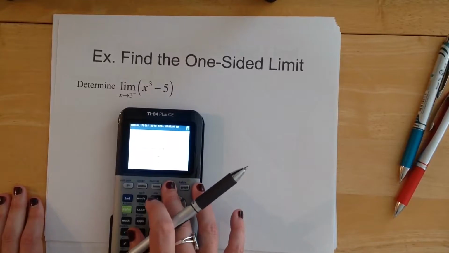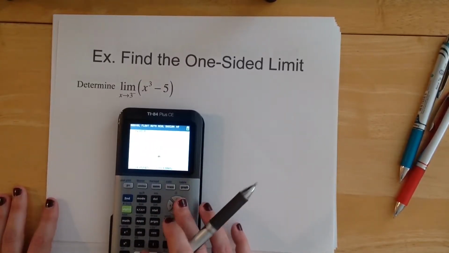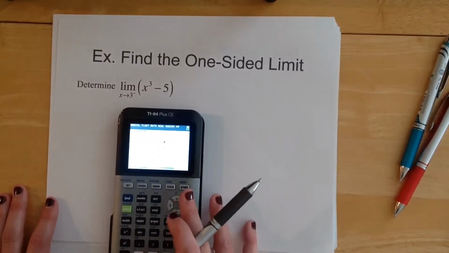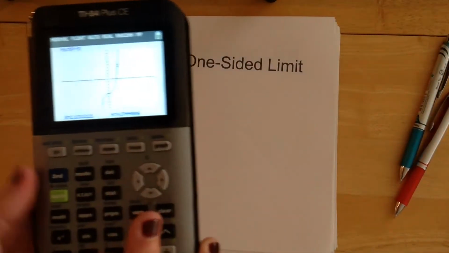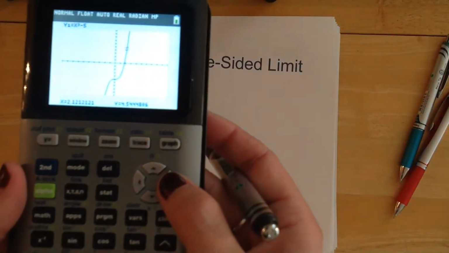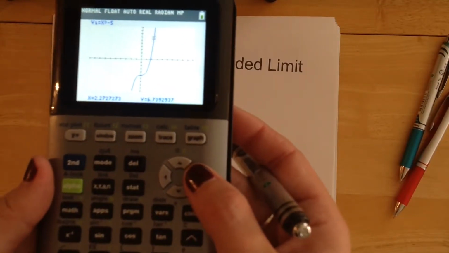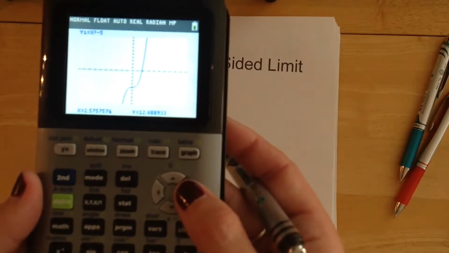So I'm going to hit the trace. And instead of typing in a value, I'm going to use my arrow keys to move. I don't know if you guys can see this very well. Oh, there we go. So I'm using my arrow keys to move the cursor closer and closer to 3 from the left-hand side.